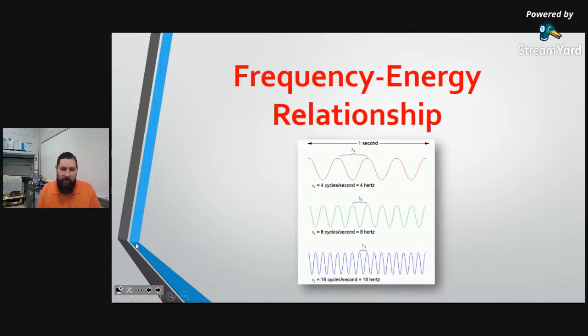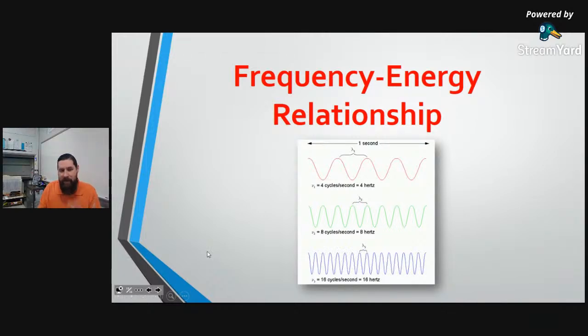But looking back at this diagram again, or this image of the 3 different wavelengths, here's what I want you to think about. If I've got a long wavelength beam of light, then there's not a lot of energy to it. And if I want to shorten that wavelength, I have to move my hand much faster. And if I'm moving my hand much faster to represent that wave, I'm having to exert more energy.